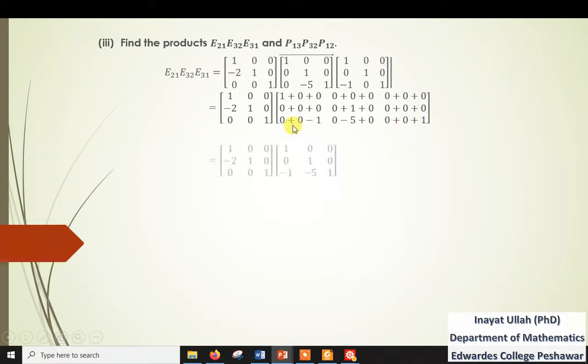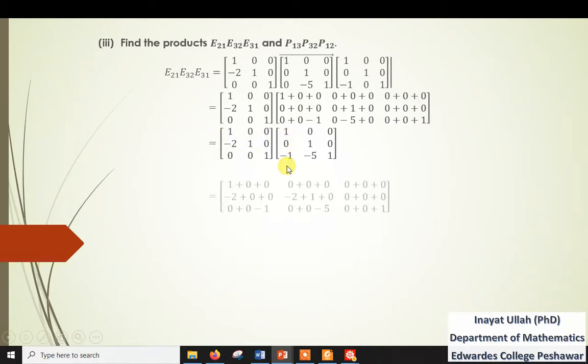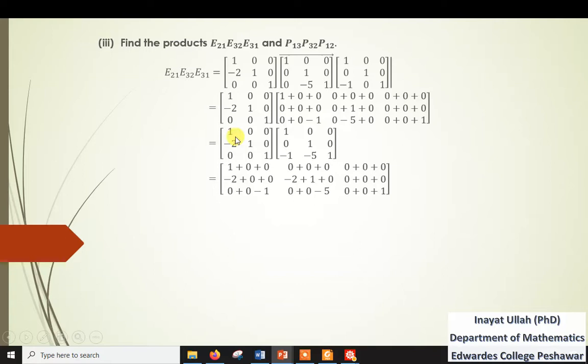Now 1 plus 0 is 1, that will become 0, and that is 0, and similarly all those sums have been calculated. Now we are in a position to multiply these two matrices in the same manner. This first row will be multiplied with the first column. So first row, first column: 1 into 1 is 1, 0 into 0 is 0, 0 into minus 1 is 0.